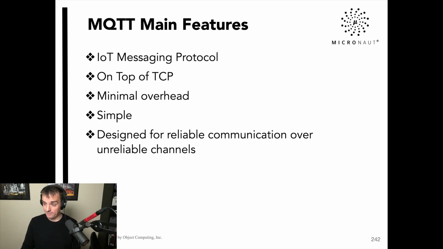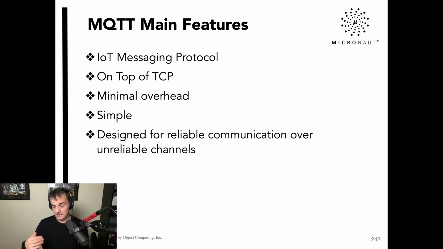It has become more or less the de facto standard for IoT, the de facto IoT message protocol. It's built on top of TCP, so it will be IP, TCP, and MQTT. That has many advantages, and it has a minimal overhead.